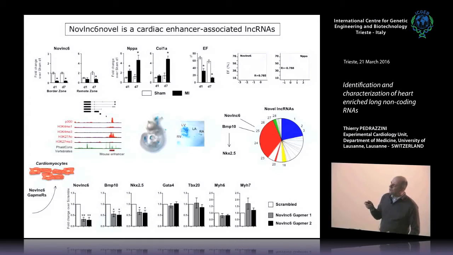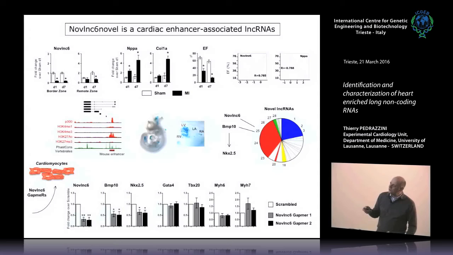It's associated with an enhancer sequence, an enhancer element. We know that this is an enhancer element because we can take this piece of DNA, generate a transgenic animal, and target reporter gene expression in the heart. It is also present in cluster 25, together with a cardiac gene, BMP10, that controls NKX 2.5, which is an important cardiac transcription factor.